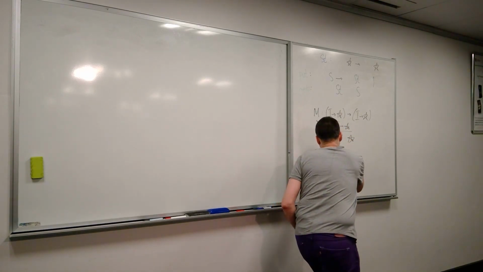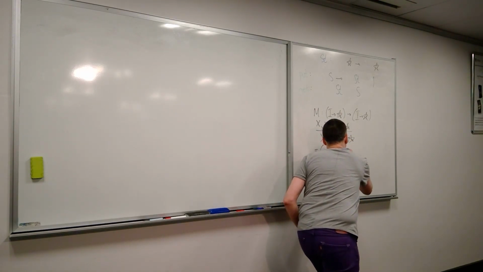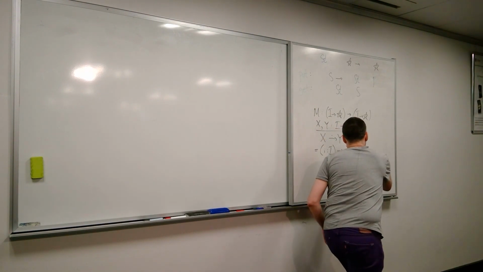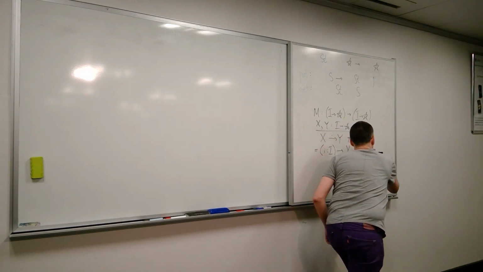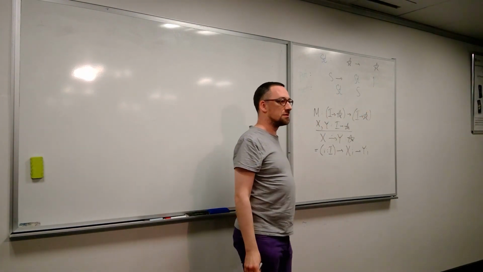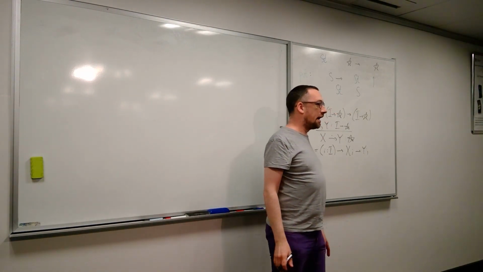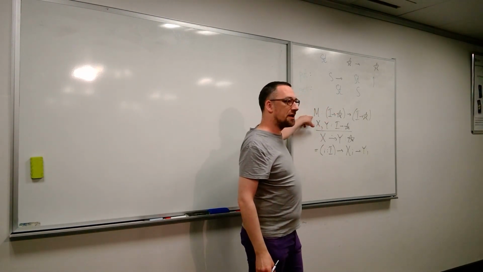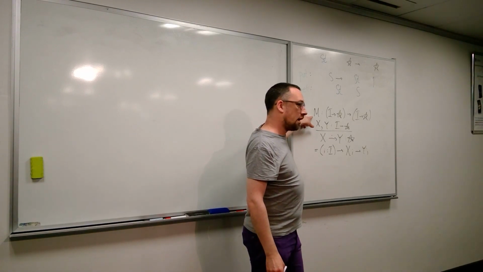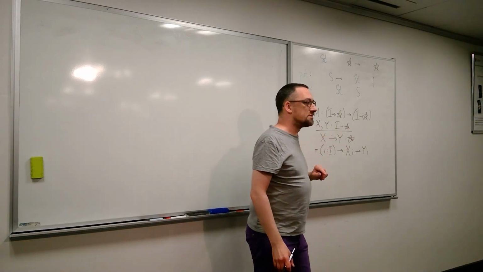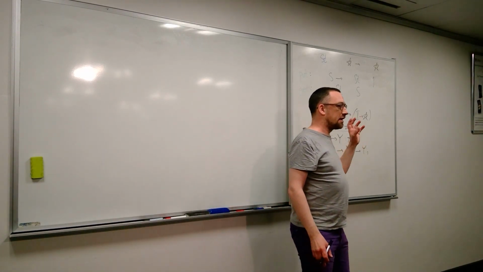So we can write that down: for all i in I, whenever X of i holds, Y of i also holds. So this is some kind of predicate transformer, and the morphisms we care about are predicate inclusions.